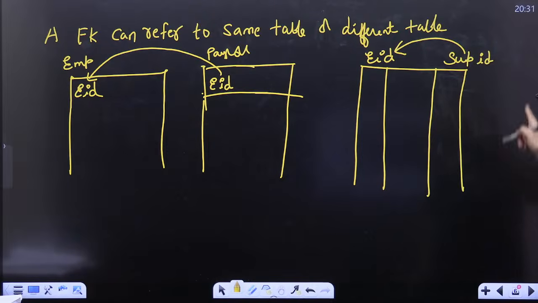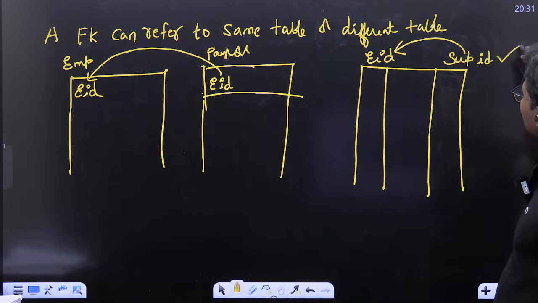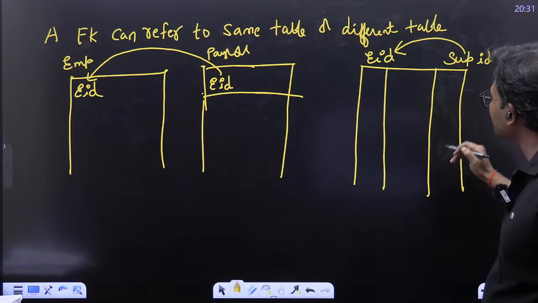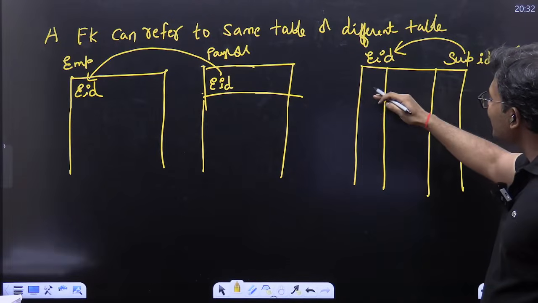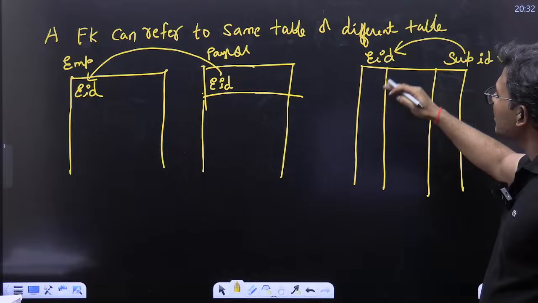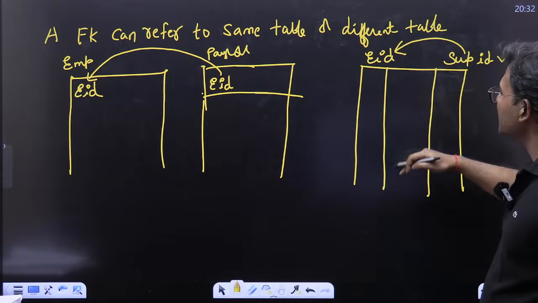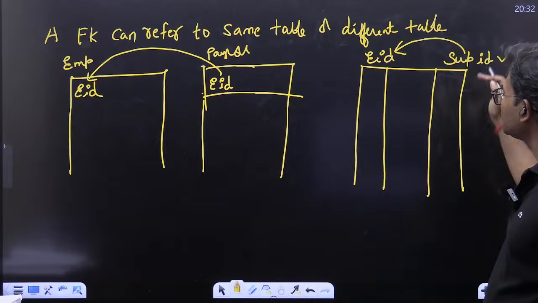Why? Because every supervisor is also an employee. So before you make him a supervisor, first you have to add him as an employee. Once you have added him as an employee, you can use him as a supervisor.